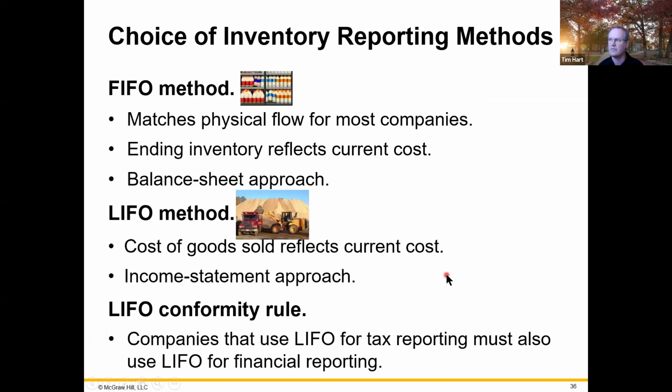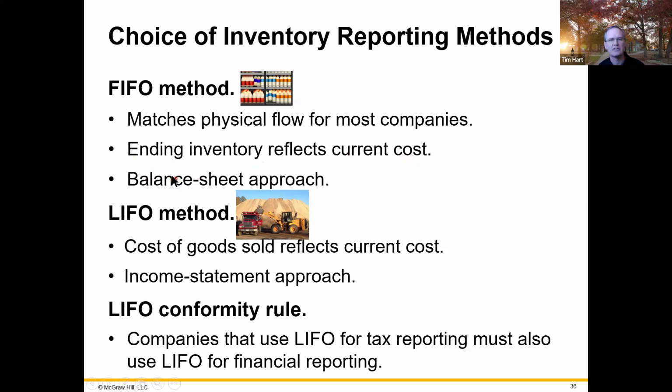Okay, so the choice now of inventory reporting methods, FIFO, milk, LIFO, sand, LIFO conformity rule. This is the wackadoodle thing. So we have that FIFO method. It really matches reality for most companies. The oldest stuff is sold first. Ending inventory reflects the current cost of what's in the goods available for sale.